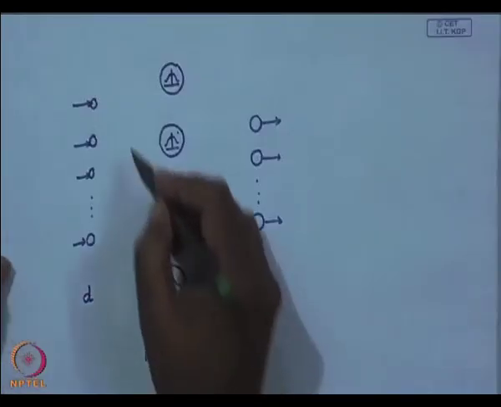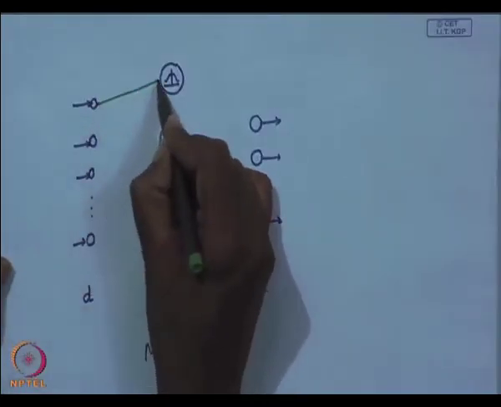Then every node in the input layer is feeding input to every node in the hidden layer, and every node output from the hidden layer is connected to every node in the output layer. So, I have the connections which is something like this.